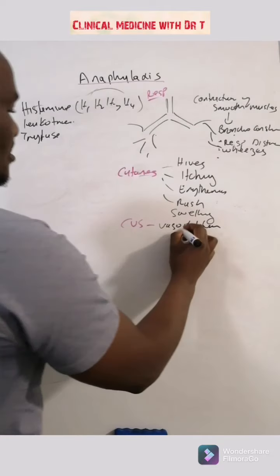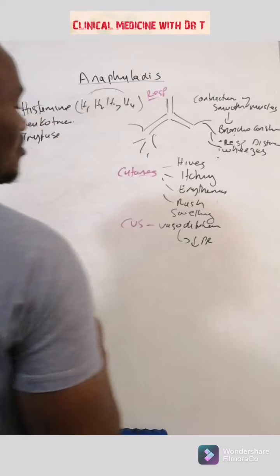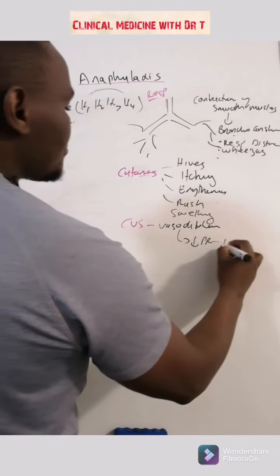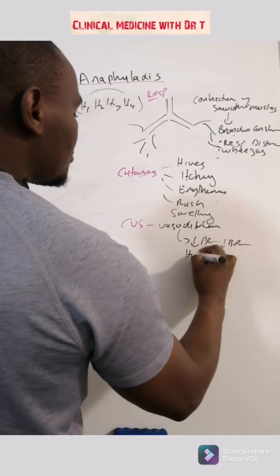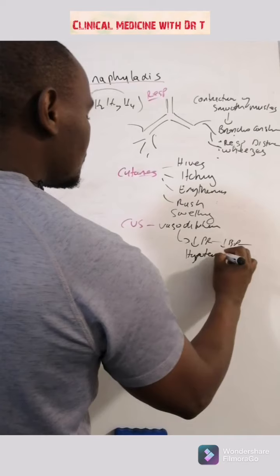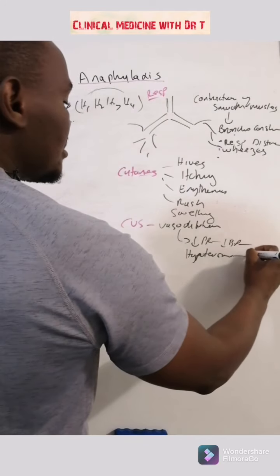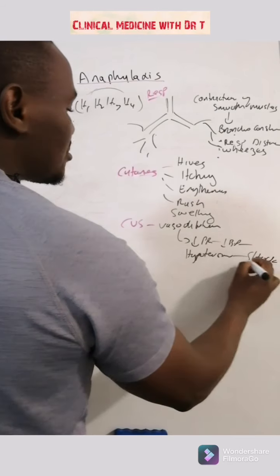So when you get vasodilation, remember you are decreasing your peripheral resistance. Once you decrease peripheral resistance, you are decreasing your blood pressure. Once you decrease blood pressure, the patient becomes hypotensive. Once you become hypotensive, that's where the shock is basically, anaphylactic shock.